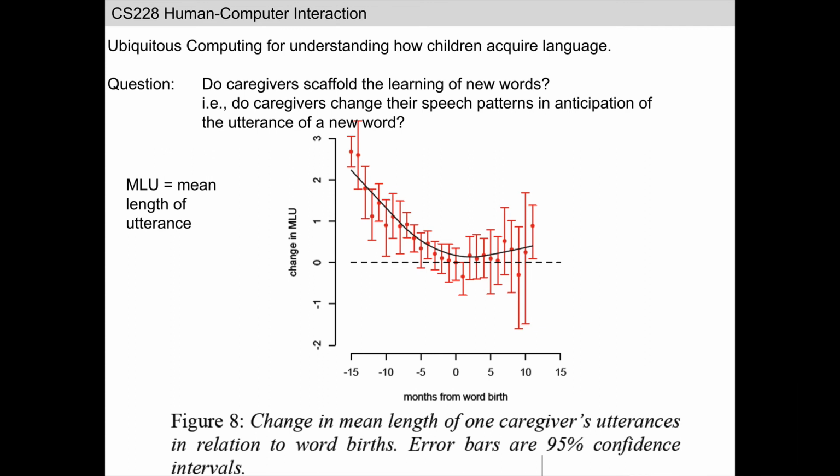After this period, as the length of the utterances starts to get longer again, this is the parents removing the scaffolding. I should put this in the form of a question, this is a hypothesis. Are the parents helping the child master the use of this word? How to use this word in combination with other words, as Ethan was mentioning?